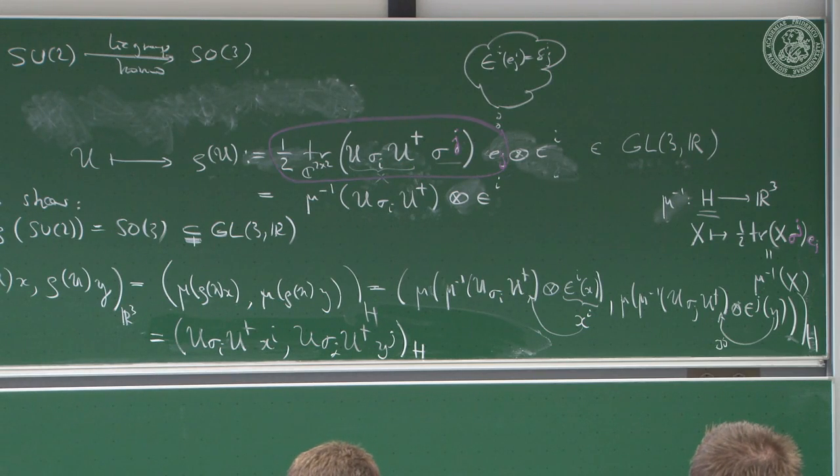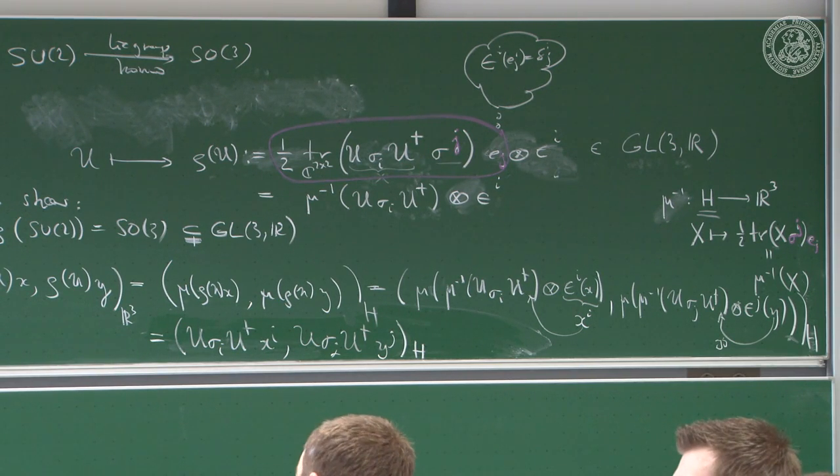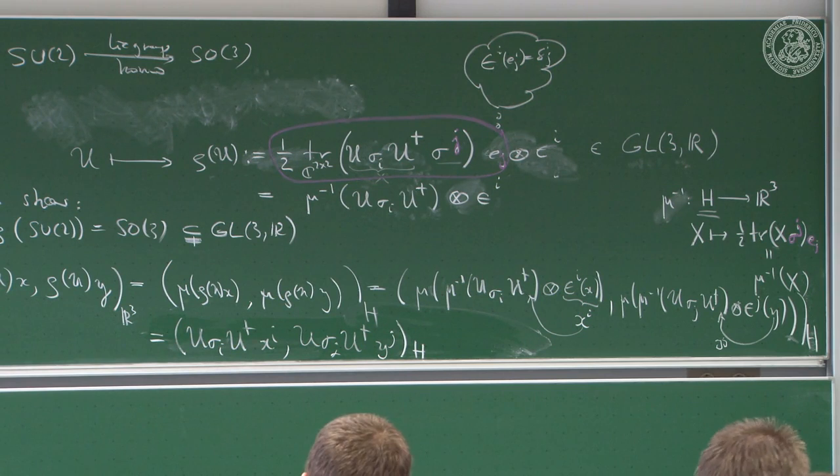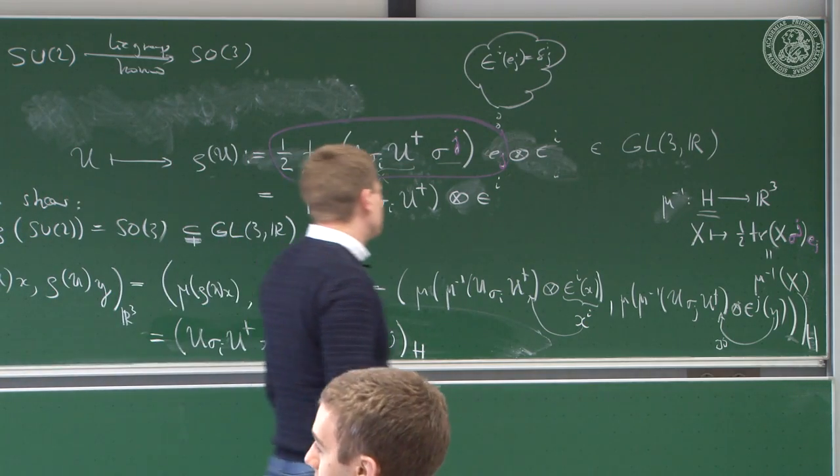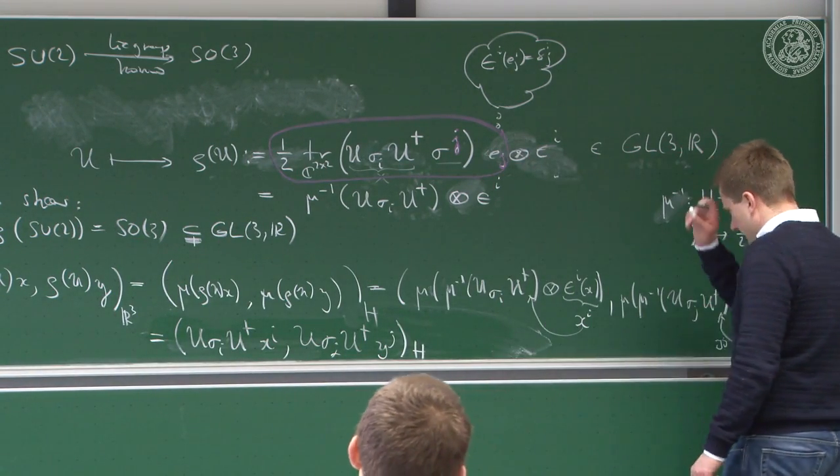When the x and the y are plugged into the epsilon, we can get rid of this. It's just a number. That's right. But now it says something tensor product number, and this is a little bit strange.